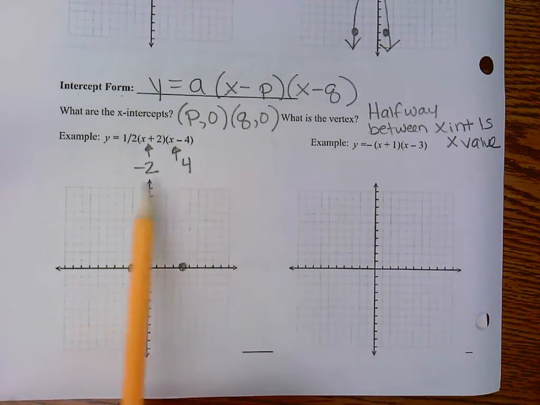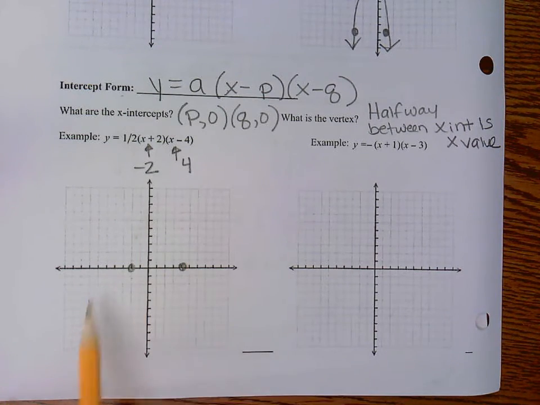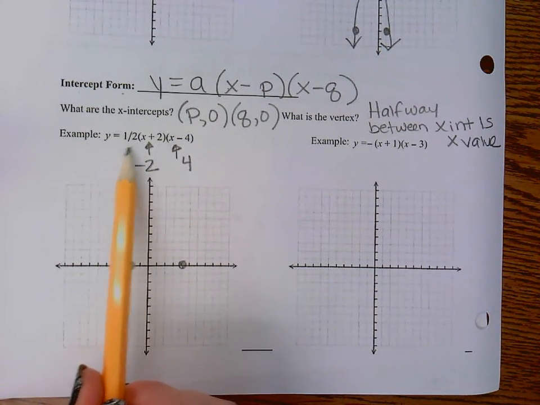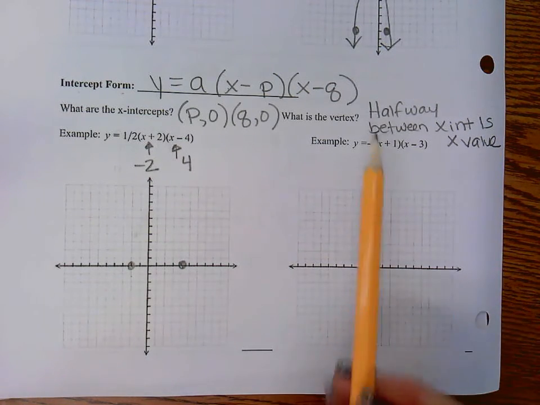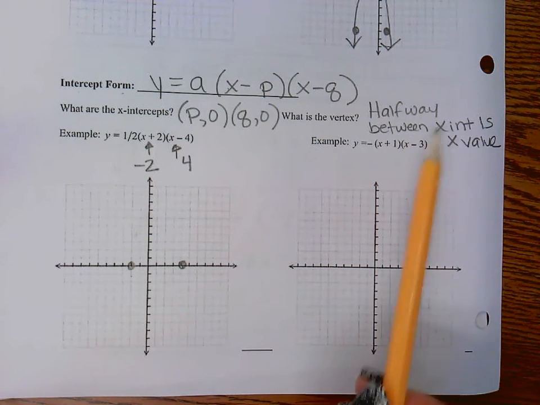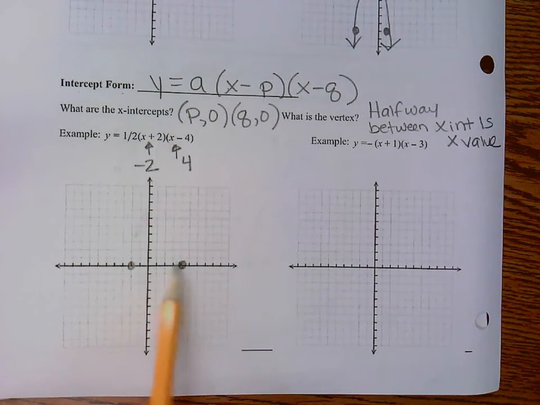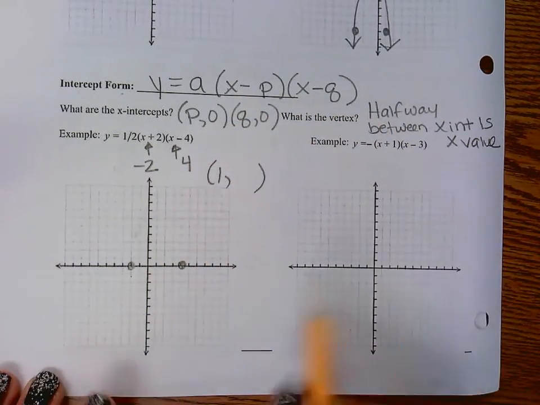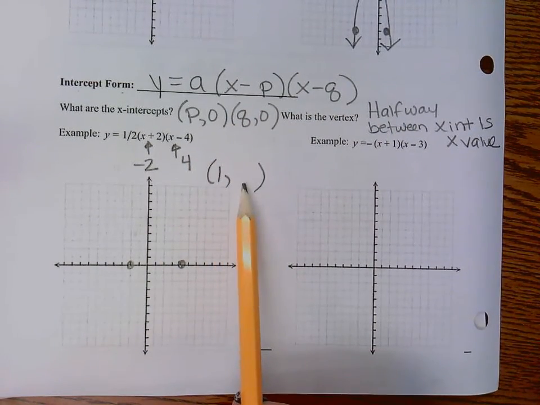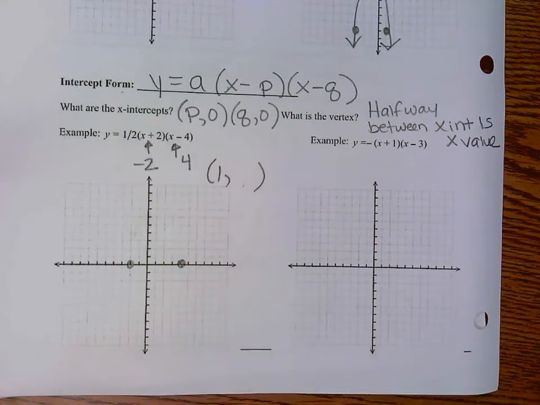All right, so this is going to be a parabola. It's going up because this is positive 1/2. How do I find the vertex? So it says the vertex is halfway between the x-intercepts. What's halfway between the x-intercepts? Positive 1. My vertex is at (1, something). If I have an x value, how do I find the y value? Plug it in.